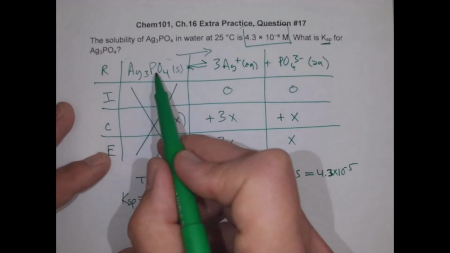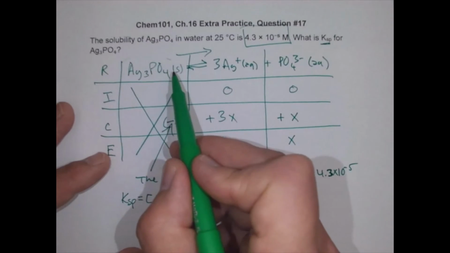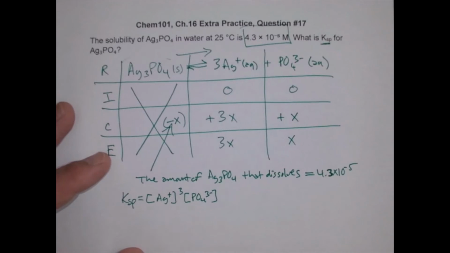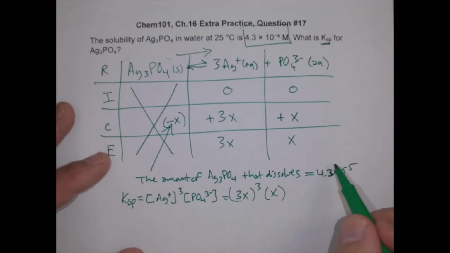And we leave out the reactant side because it is a solid. Now we can just substitute in these terms from our table into this equation. And so the Ksp is equal to (3x) cubed times x.